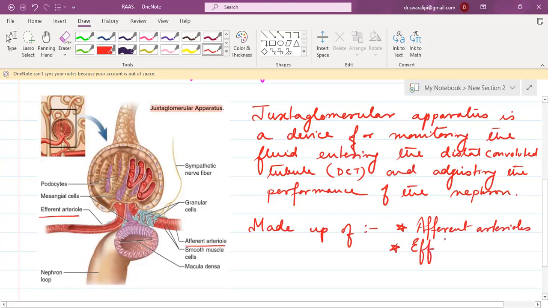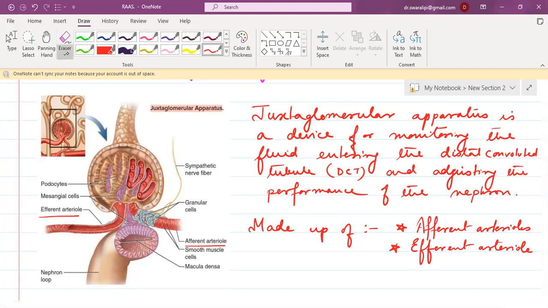Afferent arterioles means the arteriole which is entering the glomerulus, entering the Malpighian corpuscle, just about to form the glomerulus. The arteriole which is exiting the glomerular networking system will be known as the efferent arteriole.